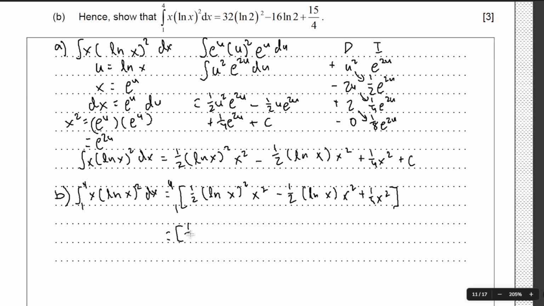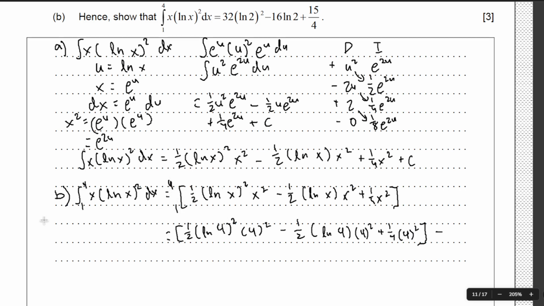So we would have 1 over 2 times 4 squared (ln 4) squared, minus 1 over 2 times 4 squared ln 4, plus 1 over 4 times 4 squared. And from here, we minus it with the lower boundary.